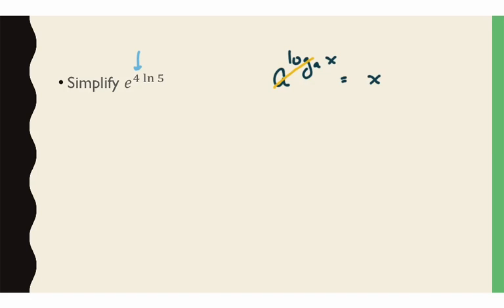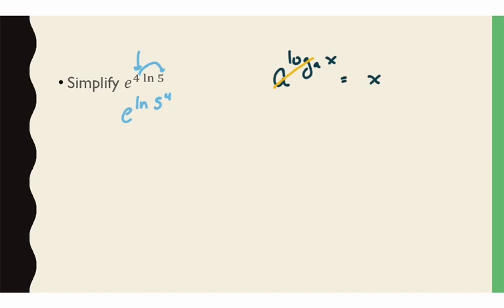The good news is this week we learned something about numbers that are out in front of logs. They're actually exponents, right? So the rule is that 4 actually belongs as an exponent on that 5. And I am allowed to move it up there because that's one of my rules, right? So if I move that up there, now we have 5 to the 4th.